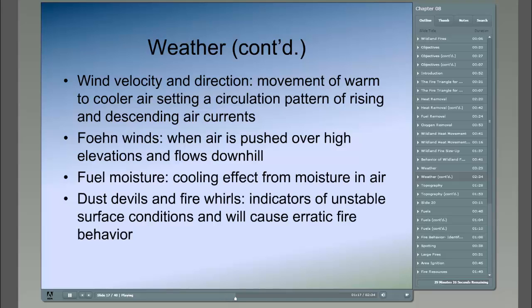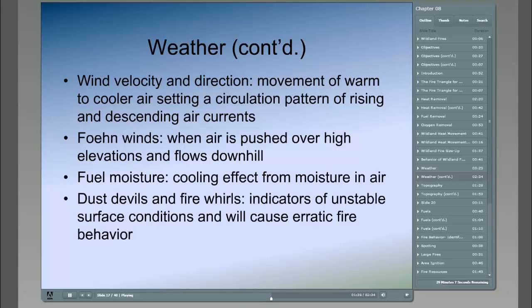As the Foehn wind blows down slope, it is compressed and becomes warmer and drier. This movement of warm air dries the fuels and reduces the fuel's moisture. During these conditions, winds can reach 70 miles per hour or higher.